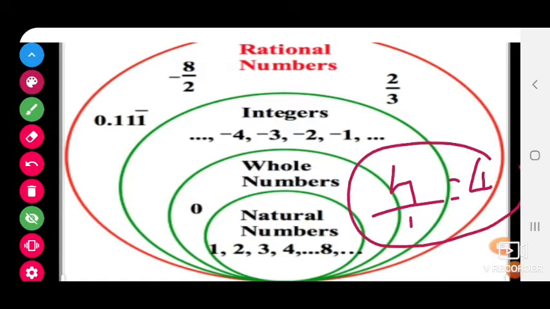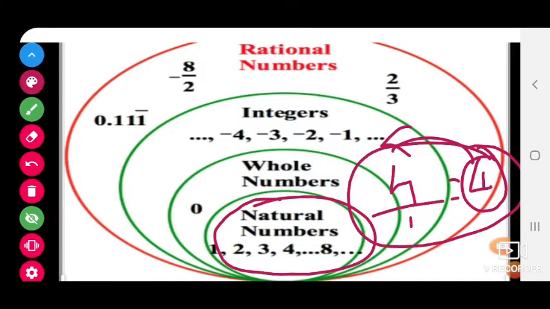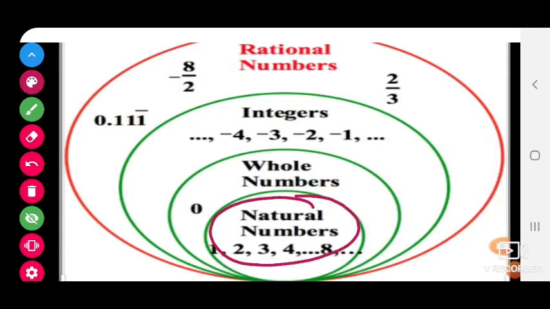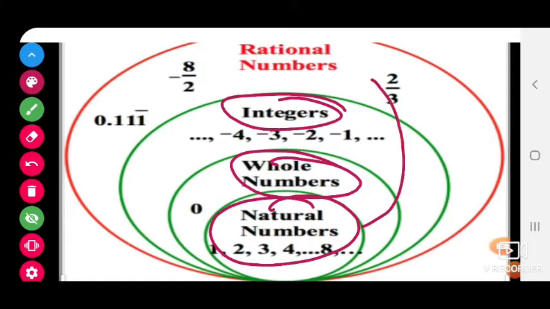So each and every natural number we can express in the form of P by Q, so we consider it a rational number. So all natural numbers, whole numbers and integers are also rational numbers, but the reverse is not correct. All rational numbers are not integers, not whole numbers, not natural numbers.